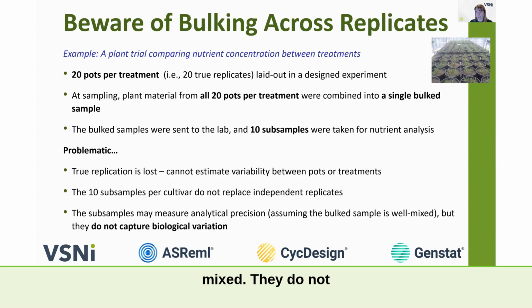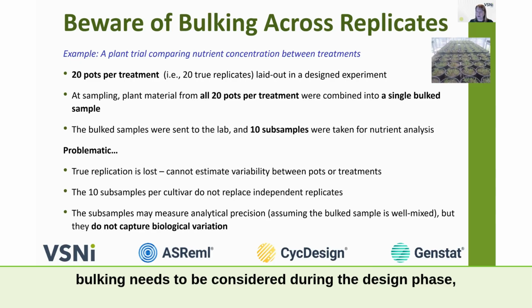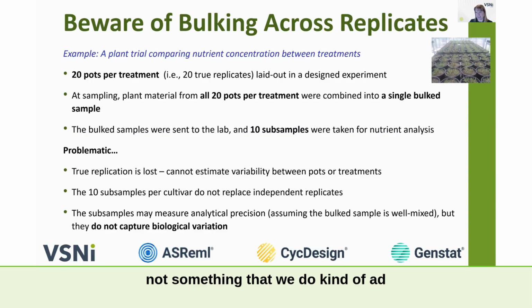They do not capture biological variation. So if samples do need to be bulked, it must be done strategically and never across an entire set of replicates for a treatment. Also, very importantly, bulking needs to be considered during the design phase, not something that we do ad hoc during the data collection phase.